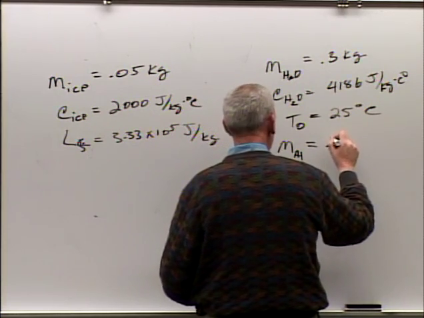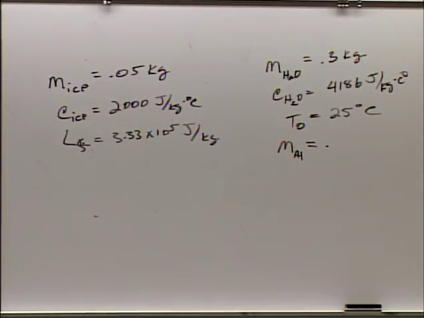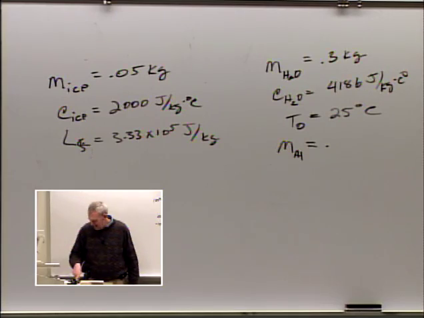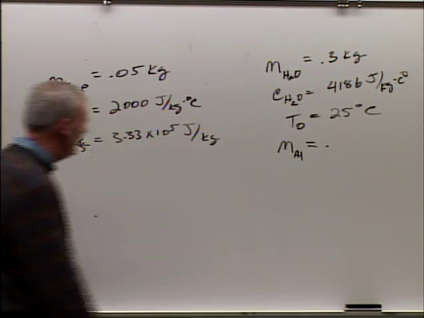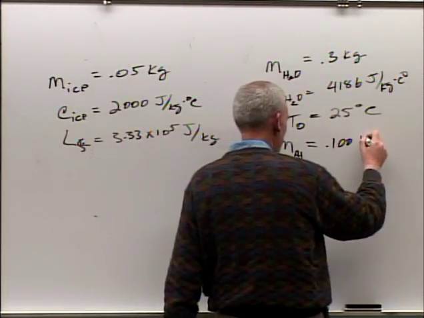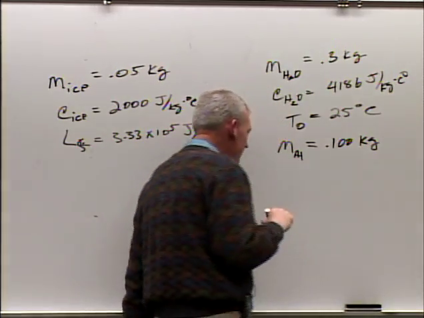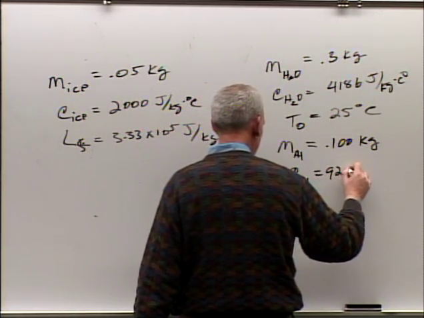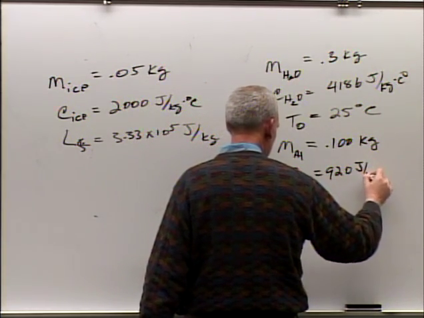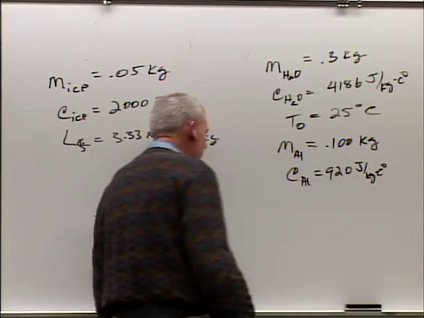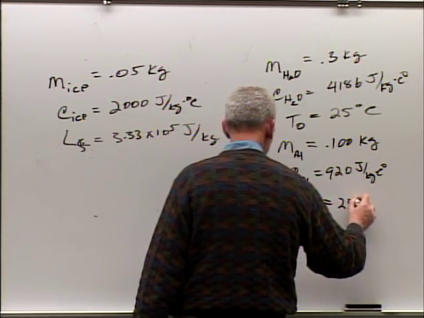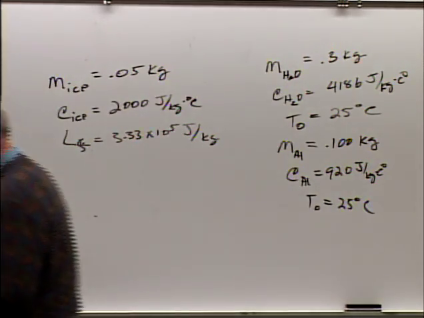It's only 0.1 kilogram, or is it 0.01 kilogram? It's not very big. Calorimeter, that's probably how you say it. I practiced all afternoon, I still blew it. Of aluminum, and it's got a specific heat of 920. And it's in equilibrium with the water, and it's at 25 degrees Celsius too. It's not in this room, otherwise it would be at 30.